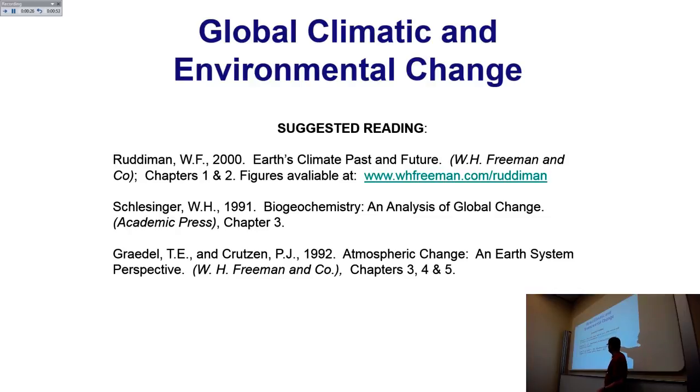This one at the bottom, Atmospheric Change, is quite good as well. But the thing I want to point out is that you don't really need to read all of those textbooks. I've put as much material on Learn, in terms of electronic resources, which should help you learn the content. Okay?